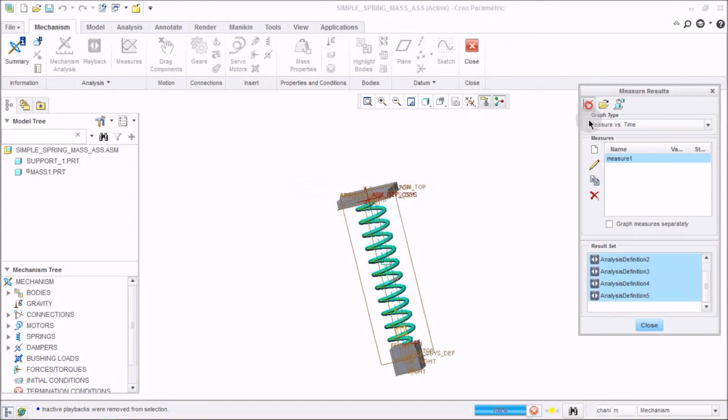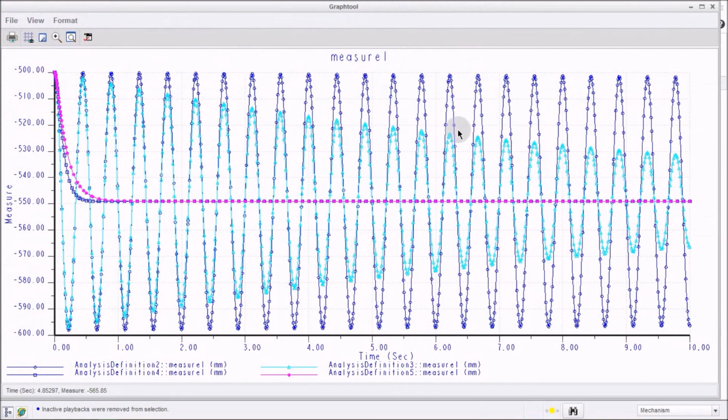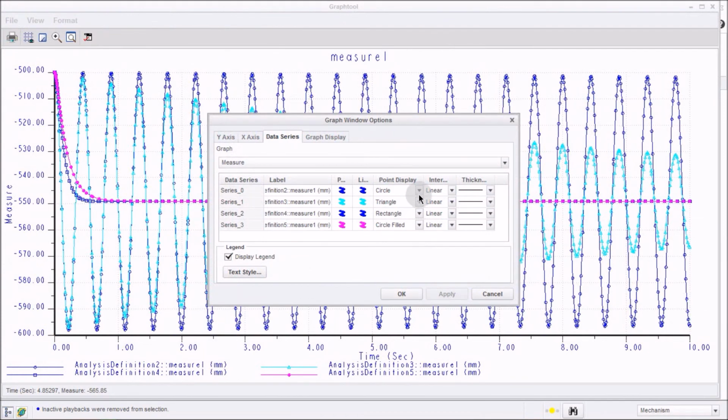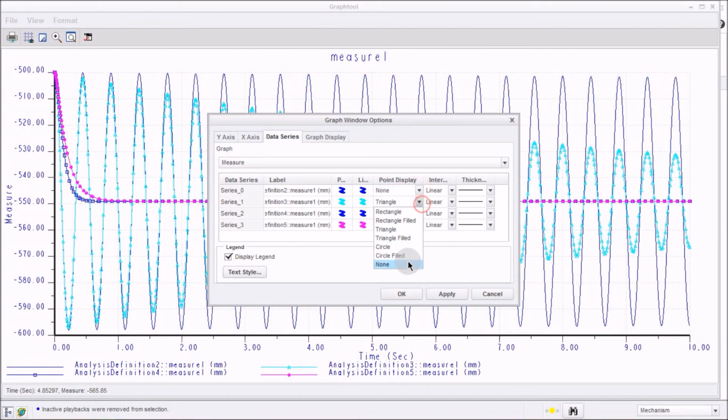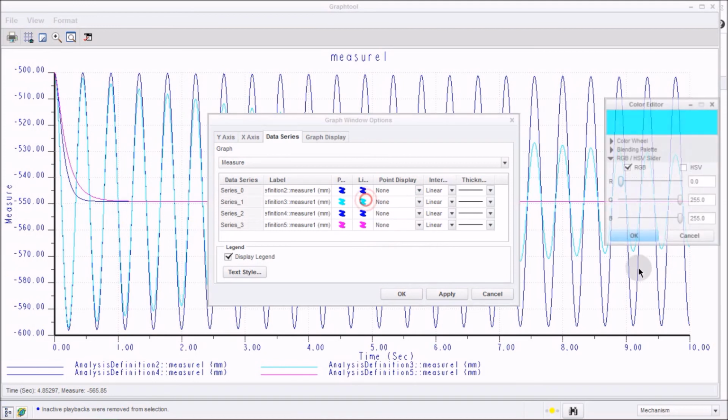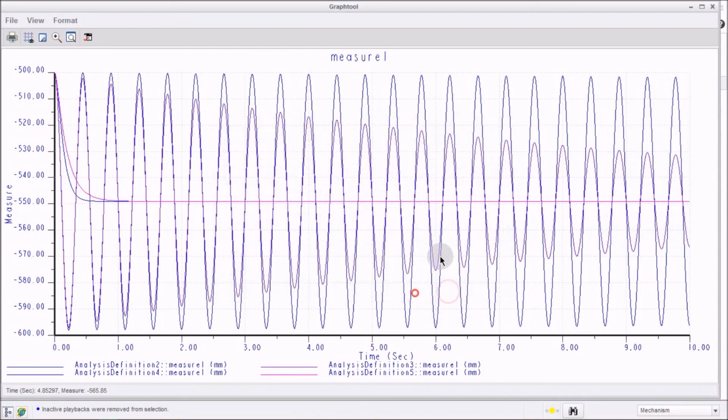Okay, so as we have all the 4 results here, remove the circle from this graph so we have good visualization, and change the color of this. Okay, so as we have the 4 graphs, first of all we have the graph where there is no damper.